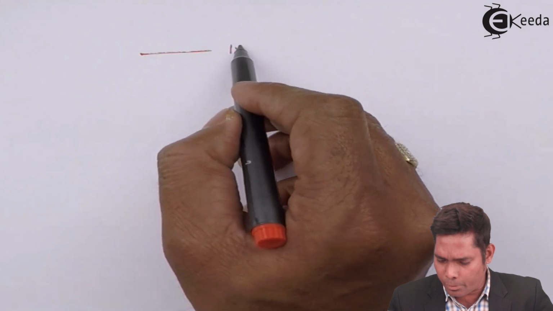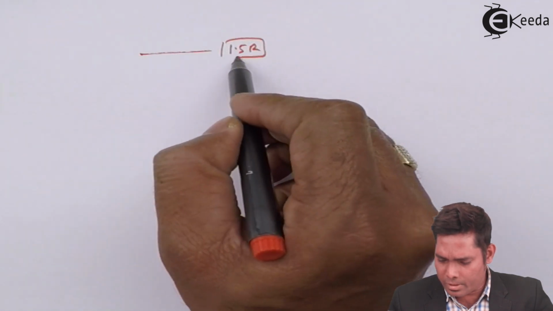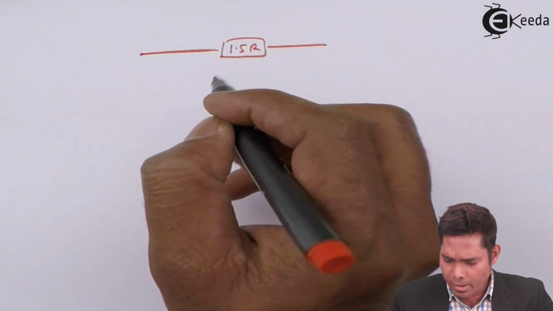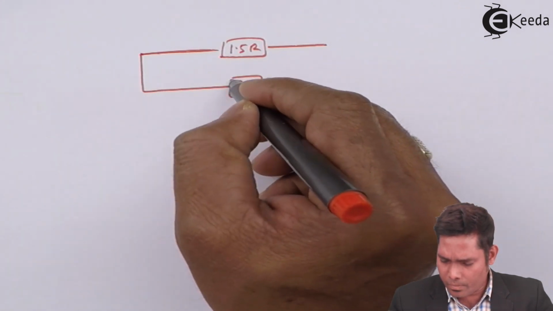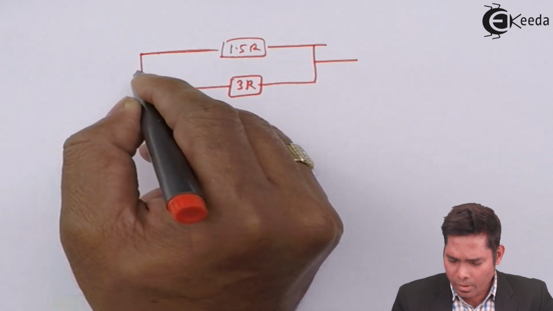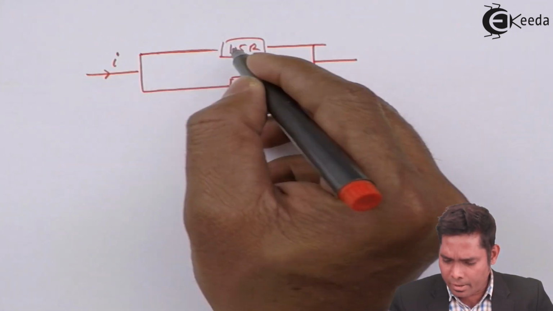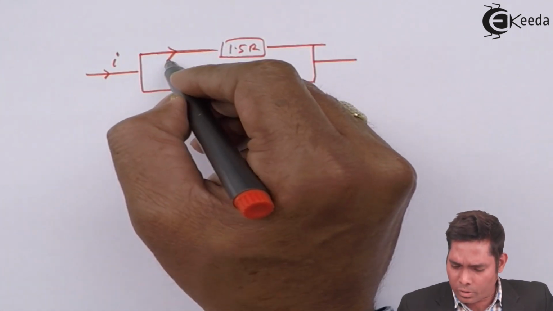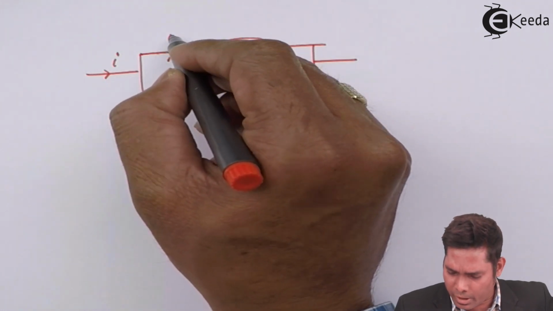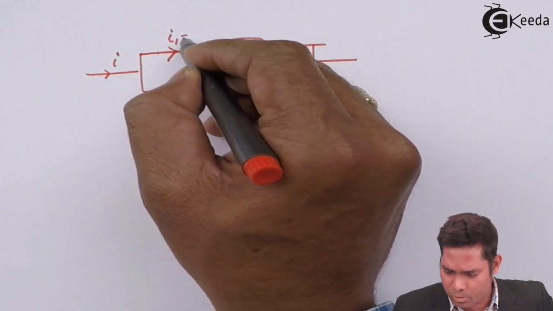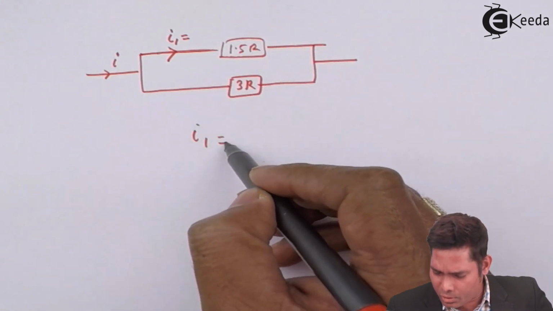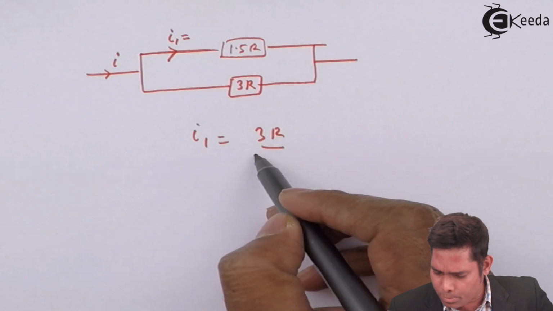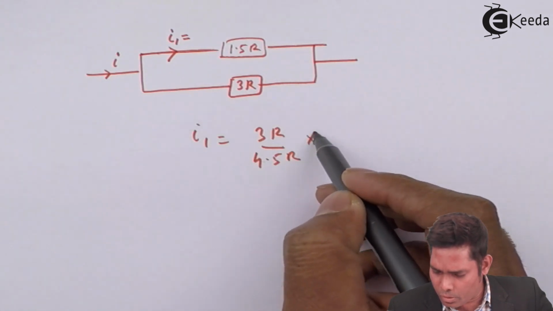This is 1.5 R resistance, and here 3 R resistance, and suppose the current coming is I. How much current will flow through this? The current flowing through this, I'll write I1, equals 3 R, the resistance of the other branch, divided by the total resistance, that is 4.5 R, into the current.